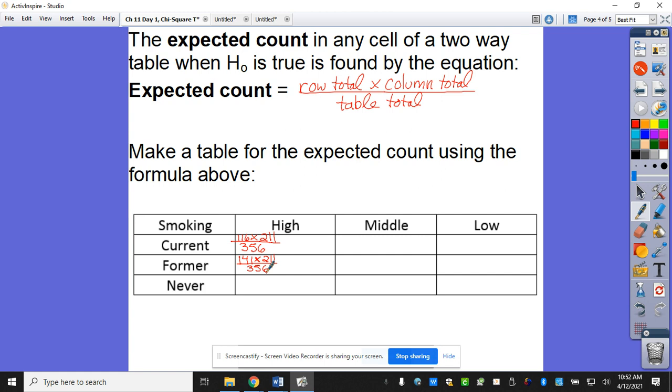And just so that you have stuff to look at, let's do this very last one down here, never and low. What's my row total for never and low? 99 times, and then divide that by. I could write all these out, but I don't need to.